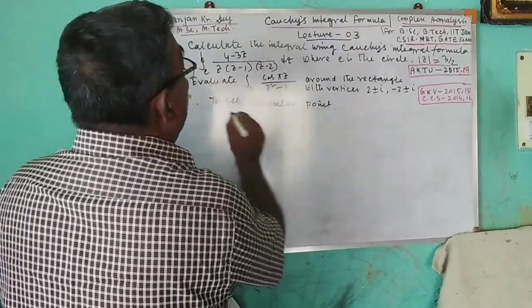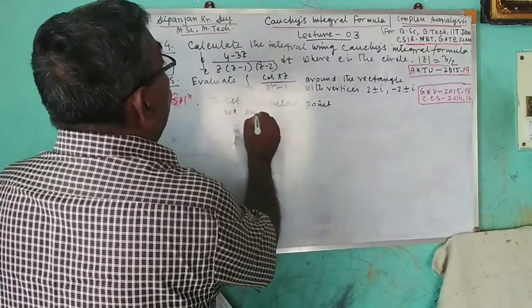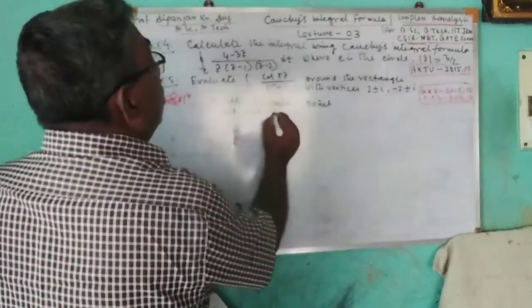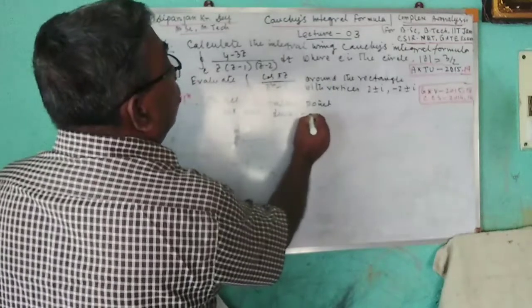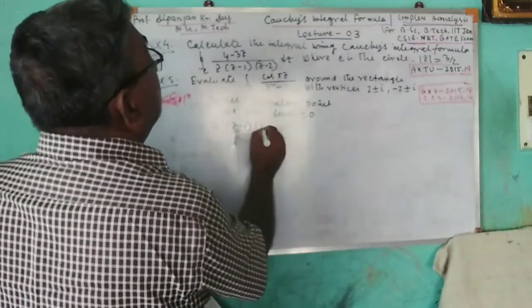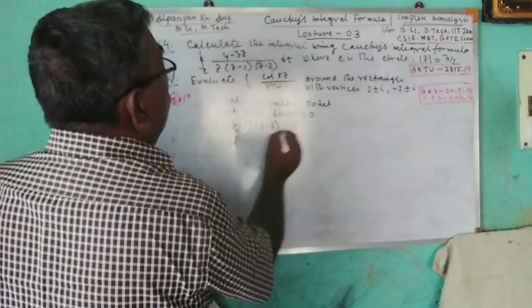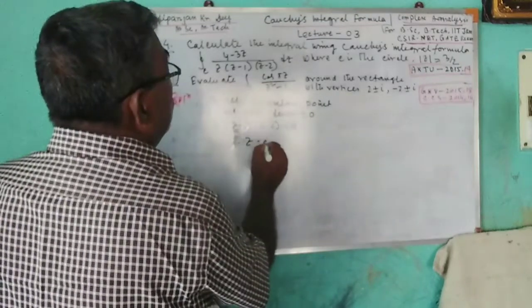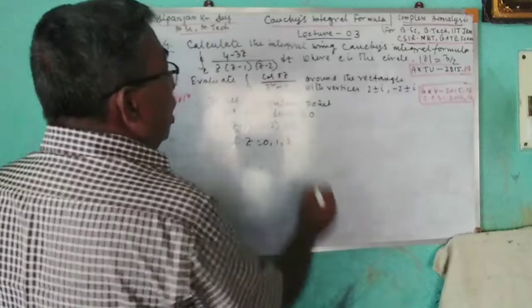To get the singular points, we put the denominator equal to 0. That is z into z minus 1 into z minus 2 is equal to 0. Therefore, z equal to 0, 1, 2 are the singular points.